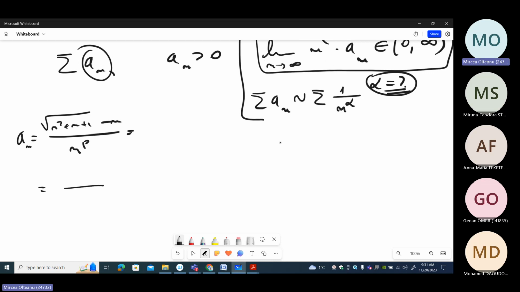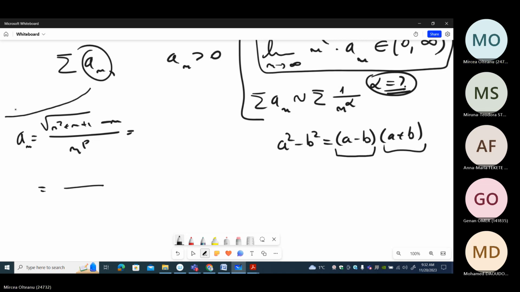I'm thinking of the formula a squared minus b squared equals a minus b times a plus b. So if we have an expression of this type, if we multiply it by a plus b, it gives us a squared minus b squared. So we shall amplify here with the so-called conjugate of this expression, which is square root of n squared plus n plus 1, plus n.